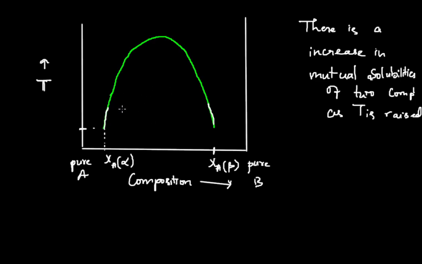At a certain temperature, the composition becomes identical, okay, and both the solutions merge into each other, thereby forming a single solution. Now this temperature is called Consulate temperature, or CST, critical solution temperature.